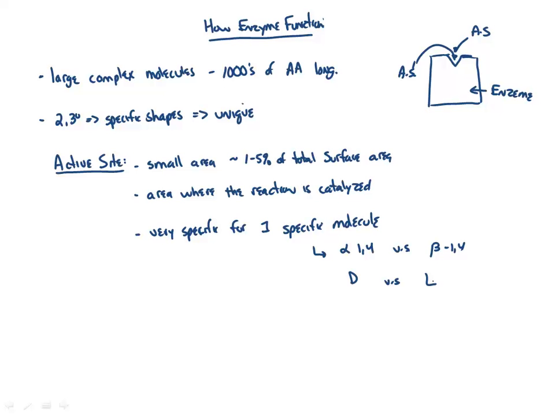So the active site is one small area, and probably the earliest model that talked about this was the lock and key hypothesis. And what we'll realize is that as we go forward in our discussion, the model that we use to describe the interactions between enzymes and substrates and the catalyzation of their reactions is going to get more and more complicated.